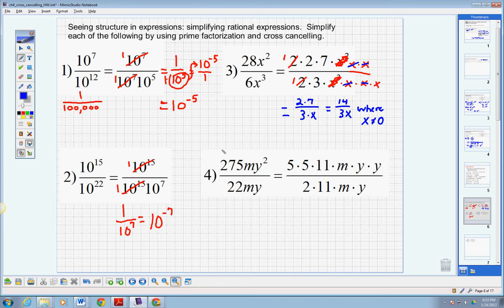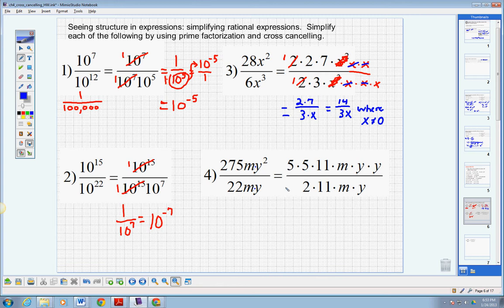If you look down here, I've broken down 275 m y squared, that's not m squared, that's m times y squared, over 22 m times y. Considering the prime factors of 275, I know it's 5 times 5 times 11, and you might do that on some side work.